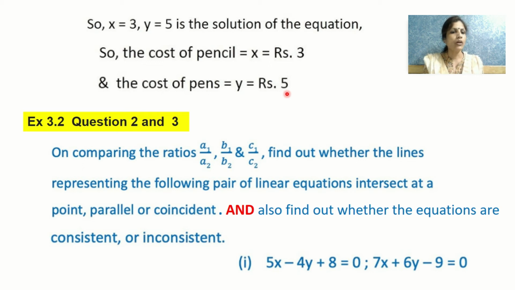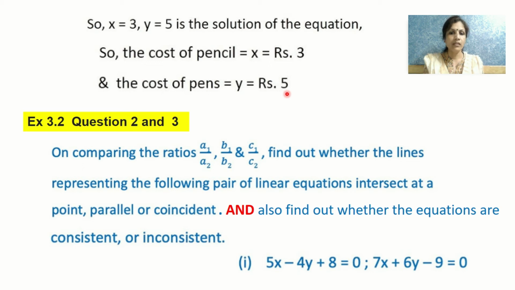Question is, on comparing the ratios A1 upon A2, B1 upon B2 and C1 upon C2, find out whether the lines representing the following pair of linear equations intersect at a point, are they parallel or coincident, and also find out whether the equations are consistent or inconsistent.